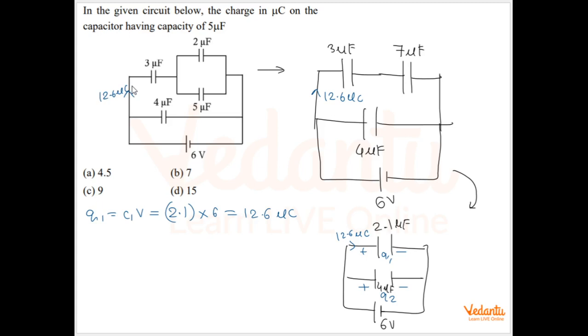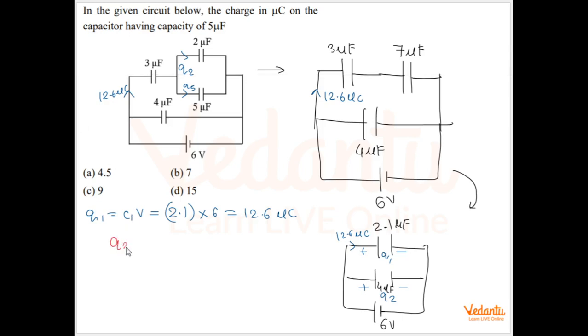Now that 12.6 microcoulomb will get further divided into Q2 and Q5. Now about Q2 and Q5, what I can say is, because 2 and 5 microfarads are in parallel, they will have the same potential difference.